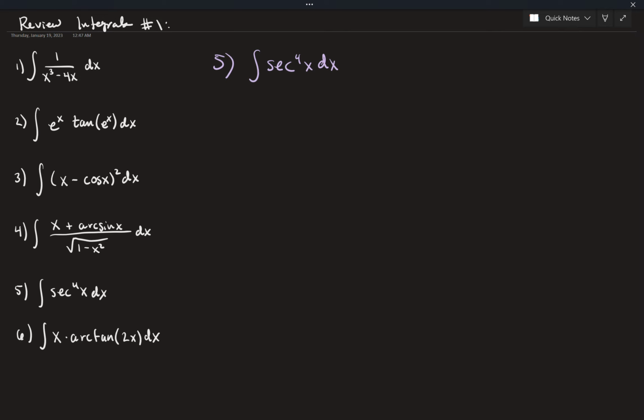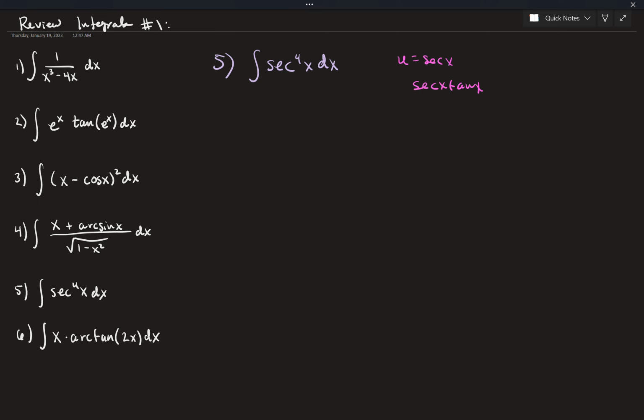So this is one of my trig integrals, so I have to figure out, do I want to let u equal secant or u equal tangent? I have to figure that out kind of in advance. I think that u equals secant is a bad idea. If I took u equals secant, I would have to take out a secant x tangent x. And I can change secants into tangents, but they kind of come in twos.